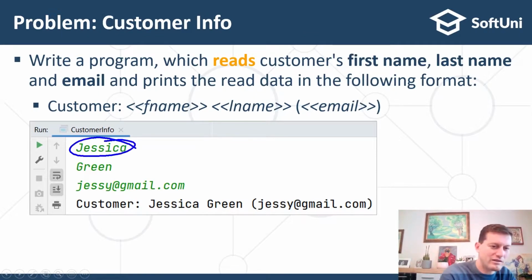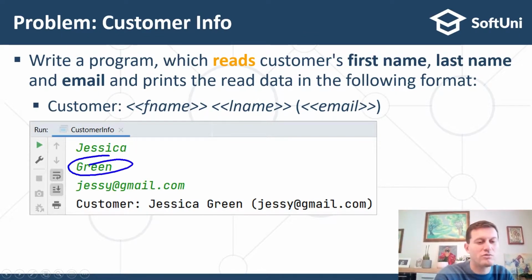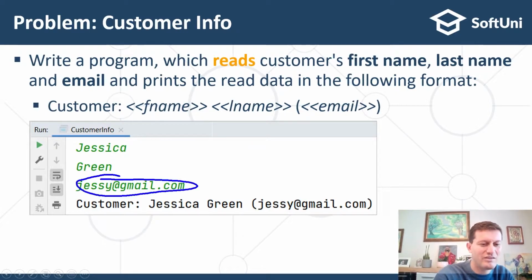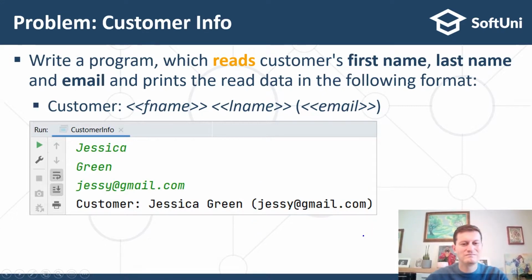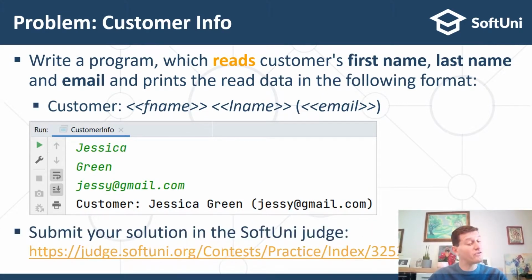So read a string called first name, then a string called last name, then the email, and print customer, colon, space, the first name, space, the last name, bracket, the email, bracket. I leave this for you. I will not write this code because if I show you everything, you will be just copy pasting. You will see my code and rewrite it without putting in effort to solve it yourself. I want you to solve this yourself.